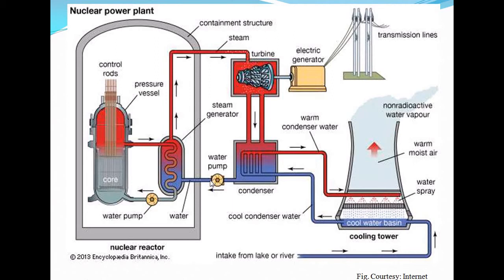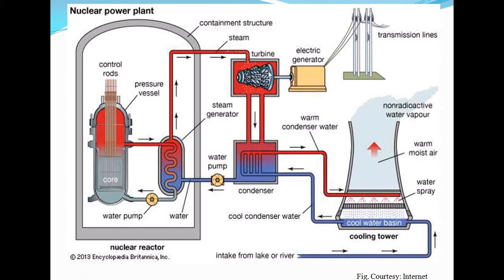From this water pump it will go to the nuclear reactor, where it will absorb the energy of the uranium once the chain reaction starts. Now water will get converted into steam, here you can see.